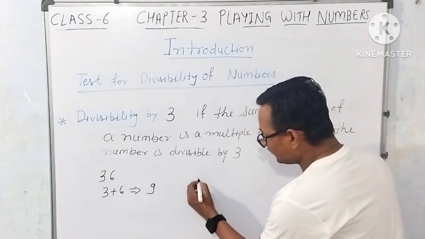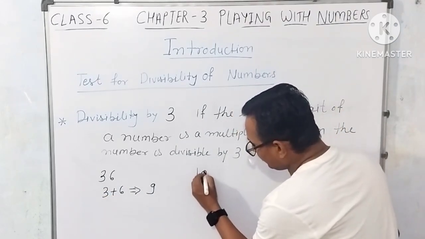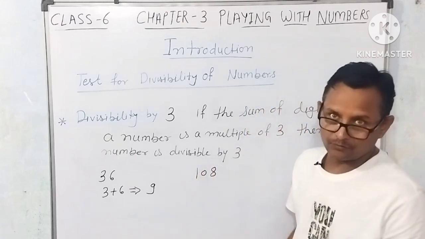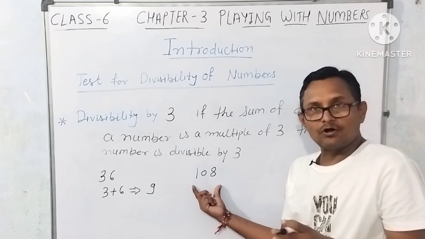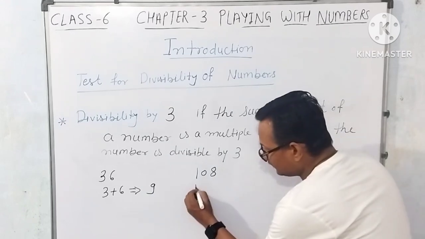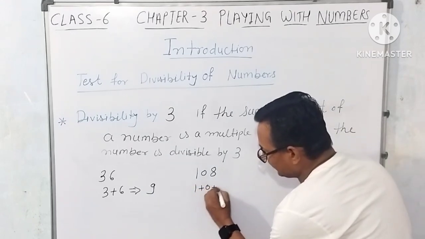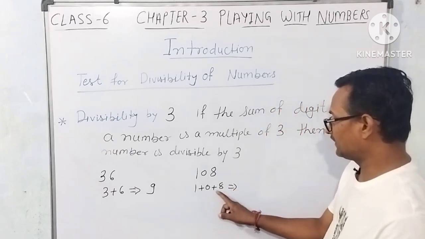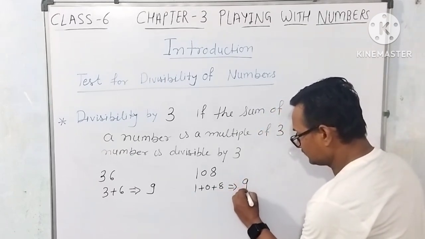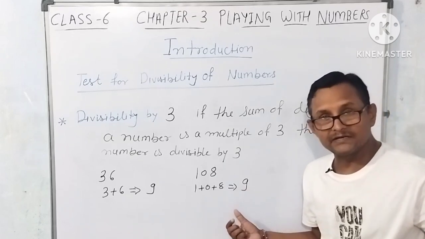One more example, 108. We have to add all 3 digits, 1 plus 0 plus 8 equal to 9. So we can say 9 is a multiple of 3.